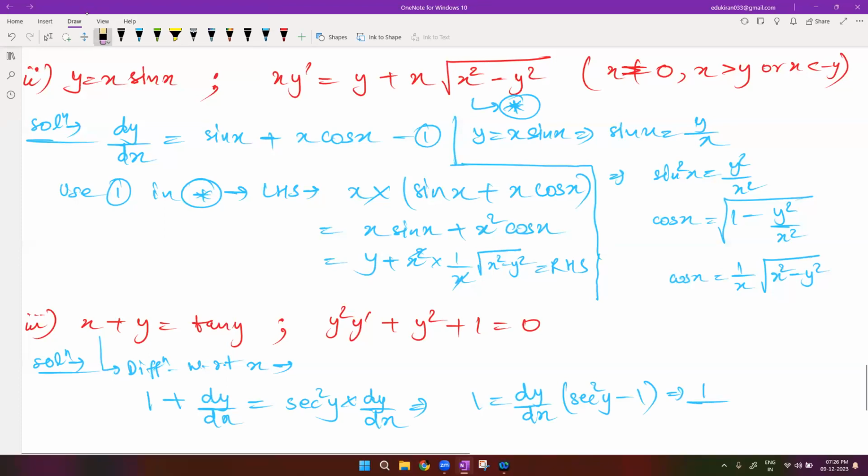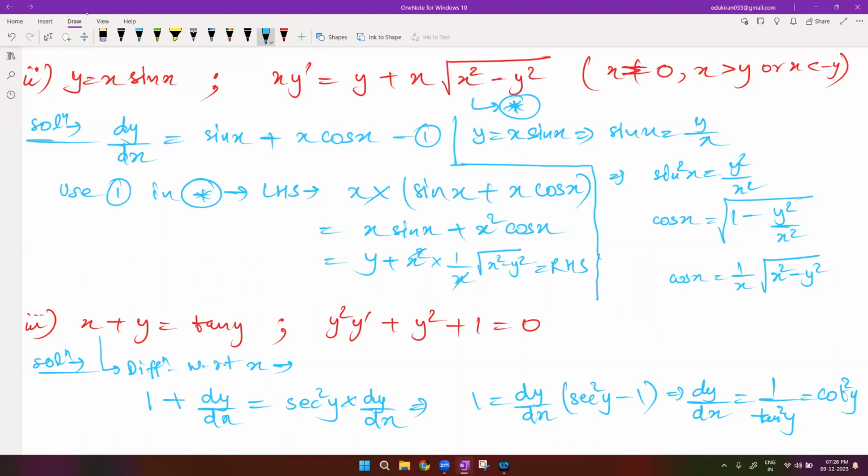So if you observe, then we can write dy by dx as 1 upon tan square y, taking tan square y to the left hand side. So dy by dx is equal to 1 upon tan square y, which is cot square y. So dy by dx for this function is cot square y.